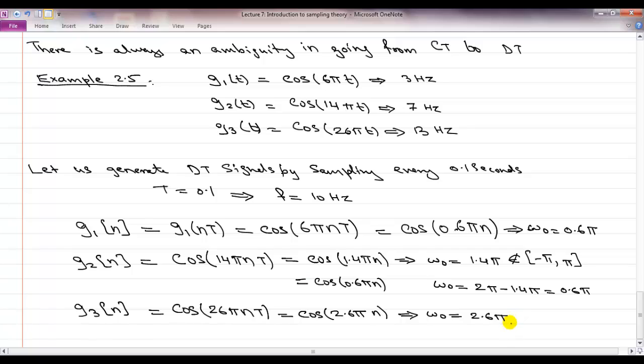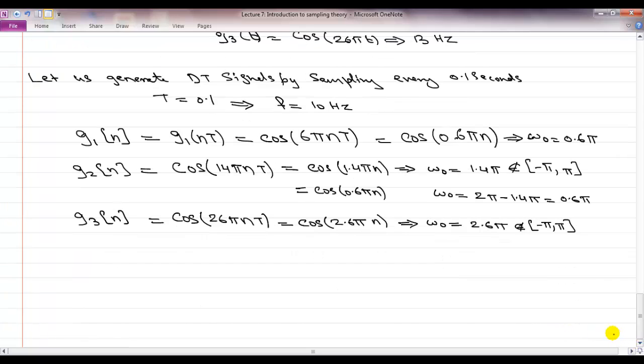Now again, this frequency does not belong to the principal range, which means there is another frequency that it corresponds to. How do you compute that? You just subtract 2 pi from it, which means that omega naught equals 2.6 pi minus 2 pi equals 0.6 pi. So this is the same as cosine of 0.6 pi n.